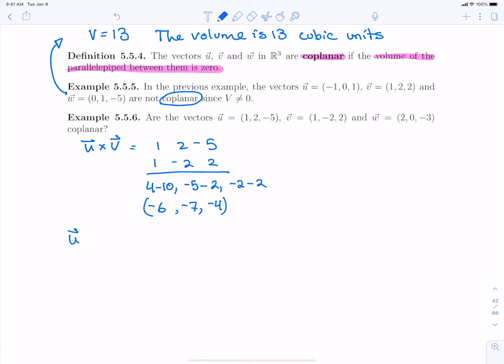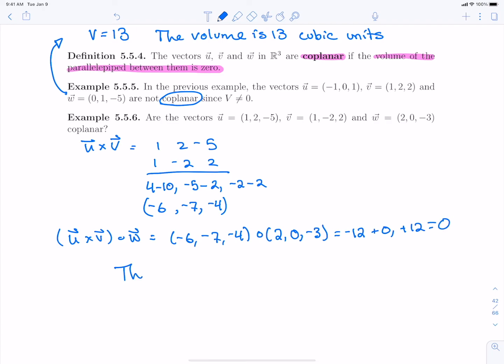And now I'm going to go U cross V dot W, which will be -6, -7, -4 dot 2, 0, -3, which will give me -12 plus 0 plus 12, which equals 0.